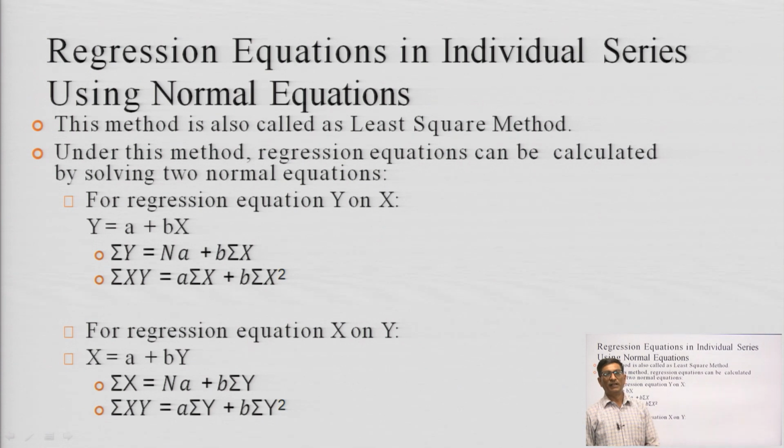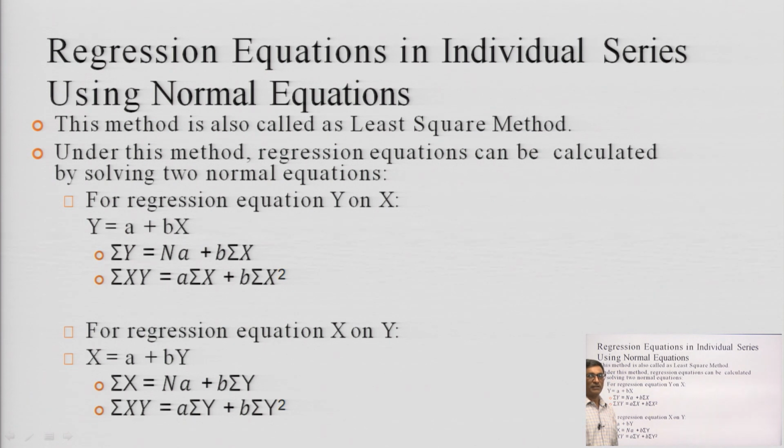If we want to find the regression equation y on x, the equation will be y equal to a plus b x, and to find this linear regression equation, we should have the values of a and b. The a and b values can be calculated by the two normal equations.